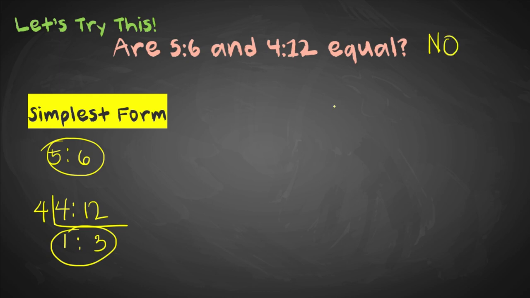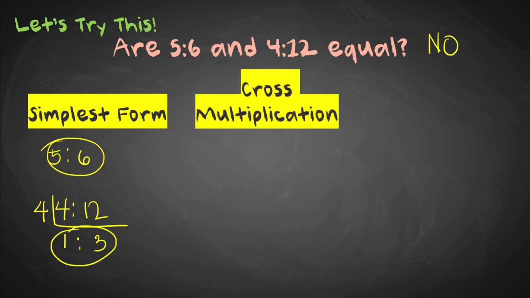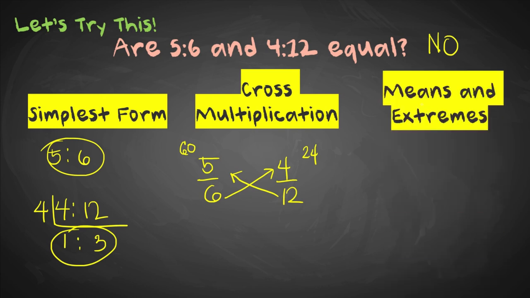Pero itry ulit natin sa cross multiplication. So, we have 5 is to 6 and 4 is to 12. So, again, multiply tayo. 12 times 5 is 60. 6 times 4 is 24. So, hindi equal yung kanilang cross products. So, they are not equal. And lastly, let's try using the means and extremes.